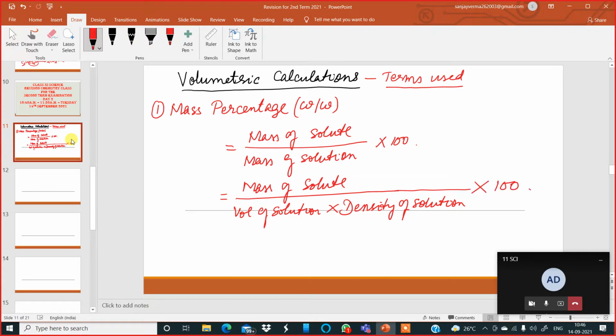So this is how we calculate mass percentage using this formula. This is the first term used in volumetric analysis, mass percentage.